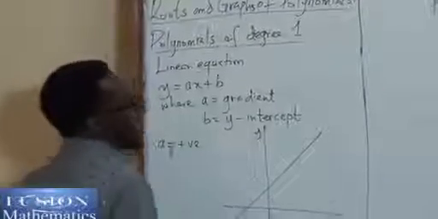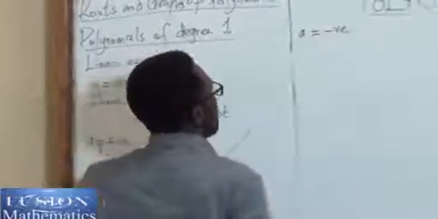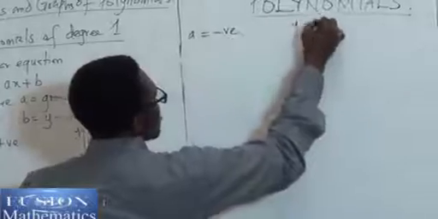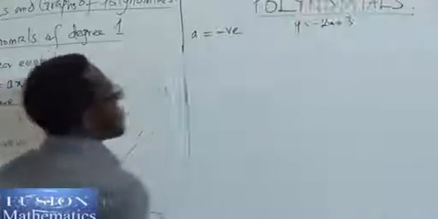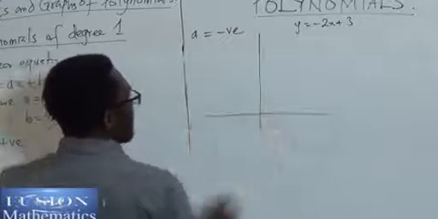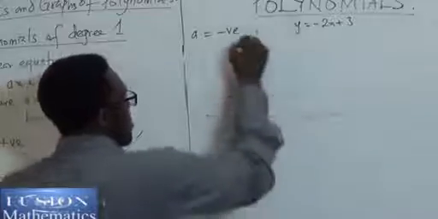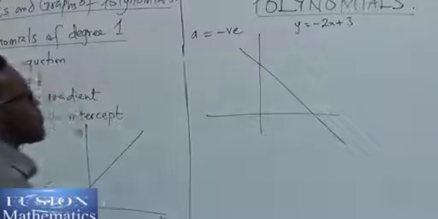But if it is negative, that is, a is equal to a negative value, for instance, minus y equals minus 2x plus 3, so that means the graph will look like this. For a negative coefficient of x, or a negative gradient, the graph will go this way.